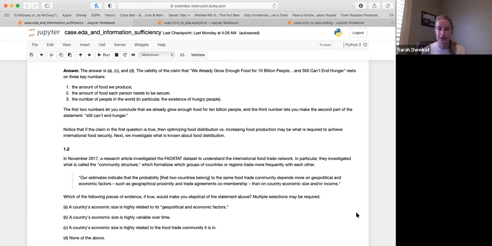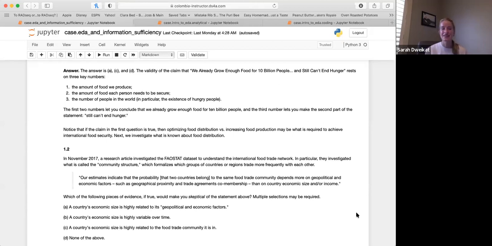The statement that this research article made is: our estimates indicate that the probability that two countries belong to the same food trade community depends more on geopolitical and economic factors, such as geographical proximity and trade agreement co-membership, than on country economic size and or income.